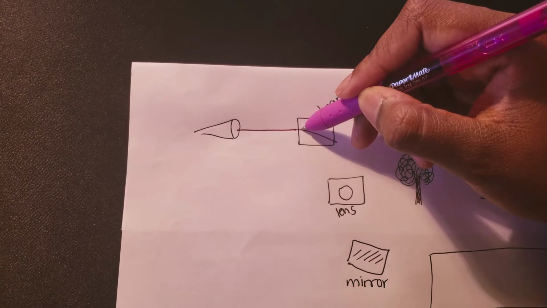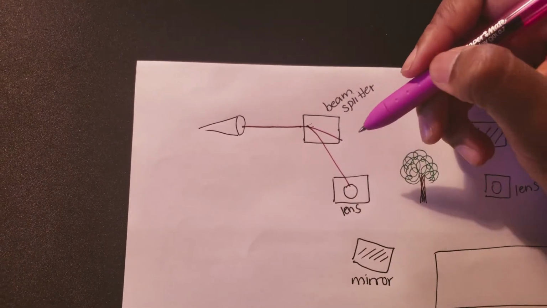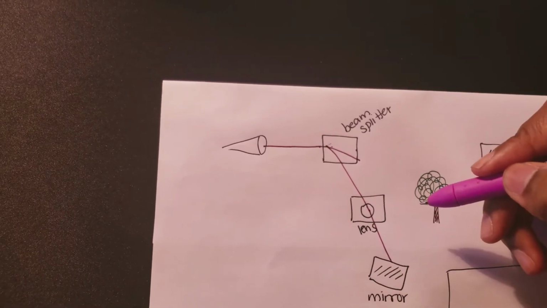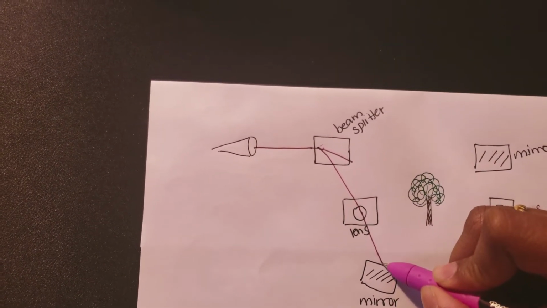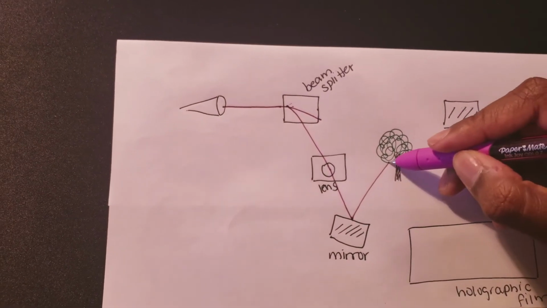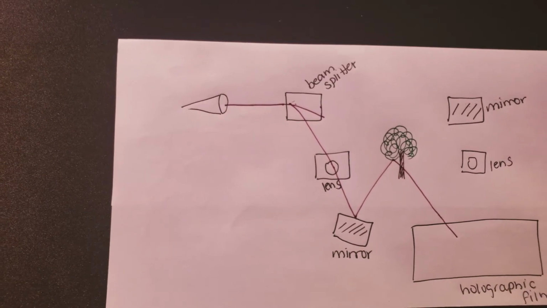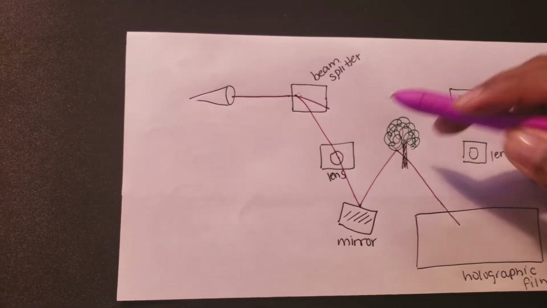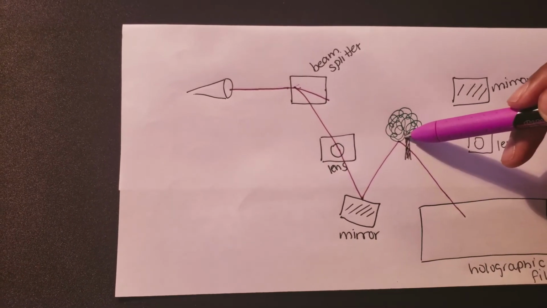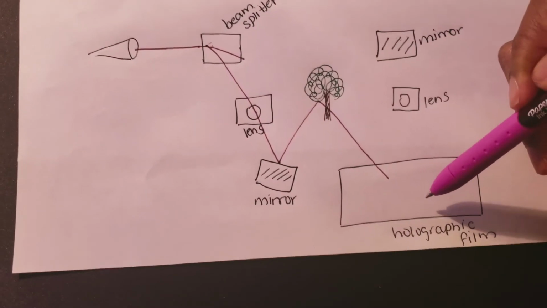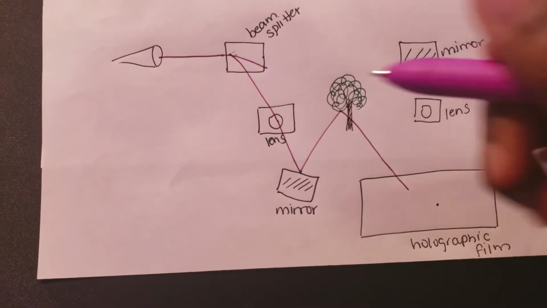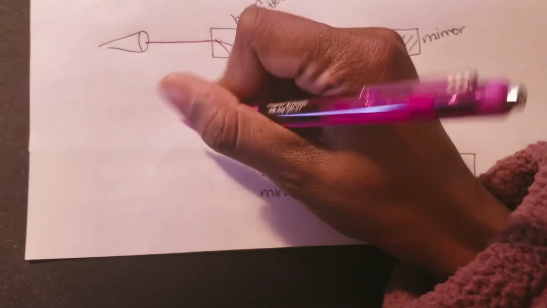One is going to go through a lens, hit the mirror, be reflected off the mirror, and hit the object. Once it hits the object, it's going to be reflected onto the holographic film. This beam, going through the lens, to the mirror, bouncing off the object, and to the holographic film, is going to be called the object beam. So I'm going to label this the object beam.